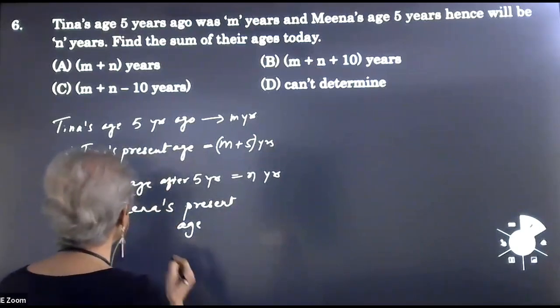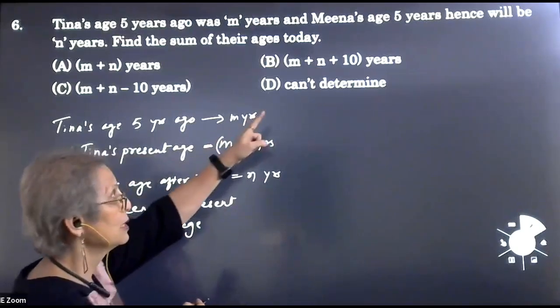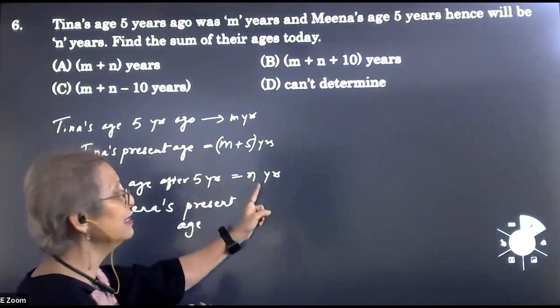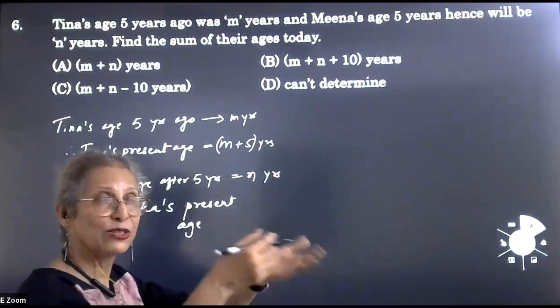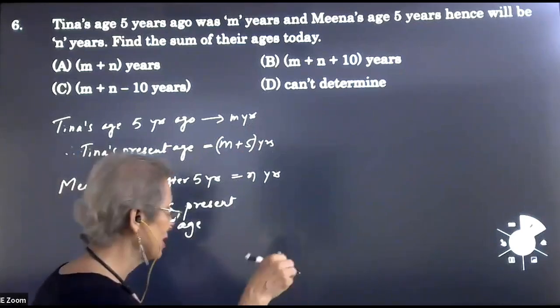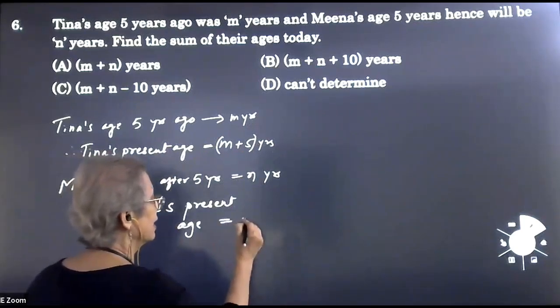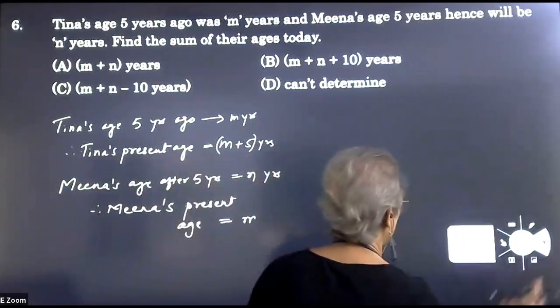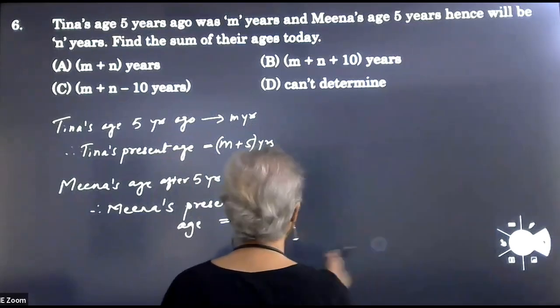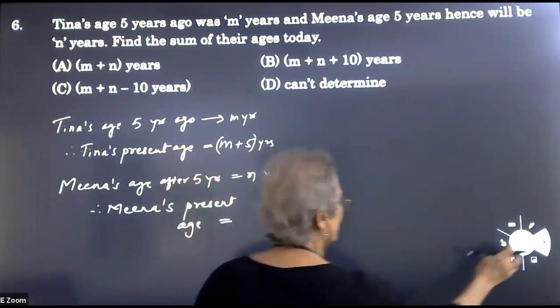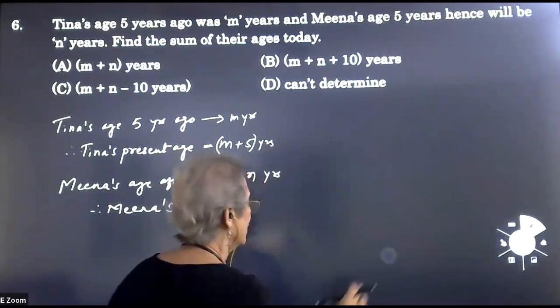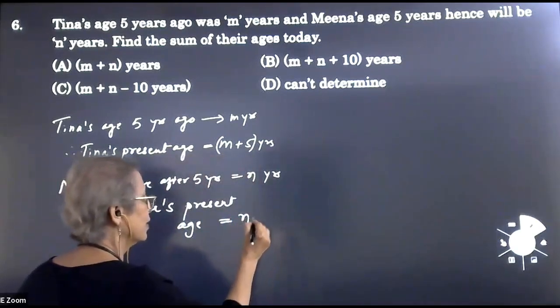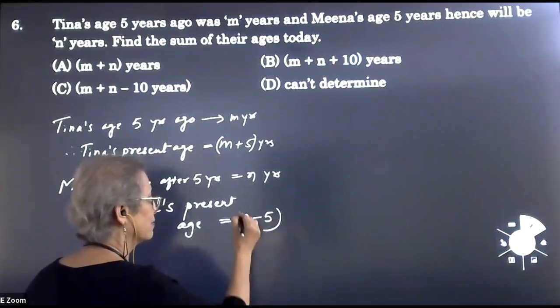So here Meena's present age. Now she will be N years old after 5 years. So what is her age now? Subtract 5. It is not M, it is N minus 5.